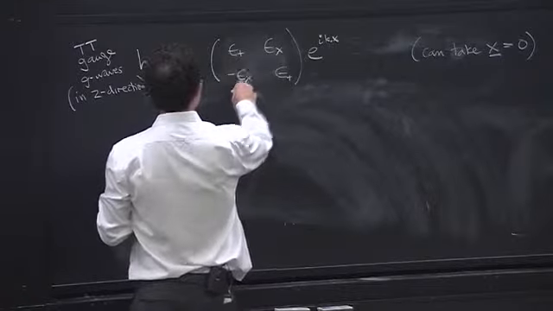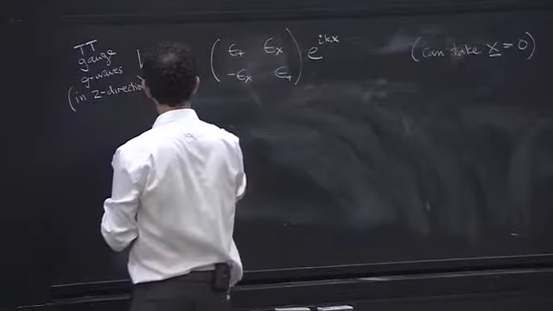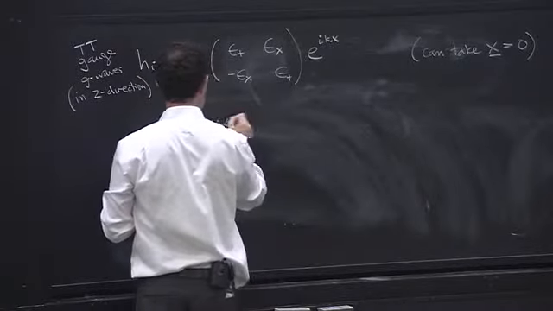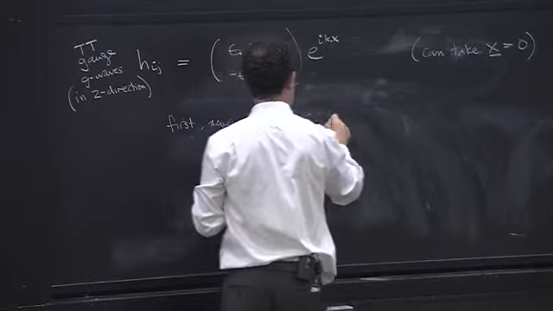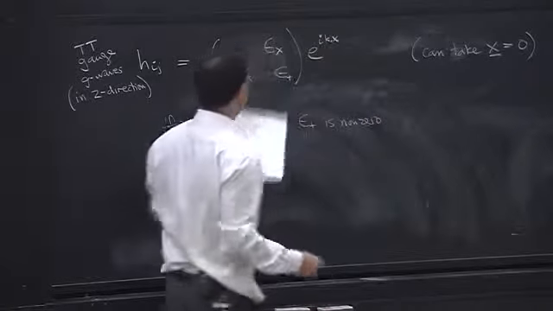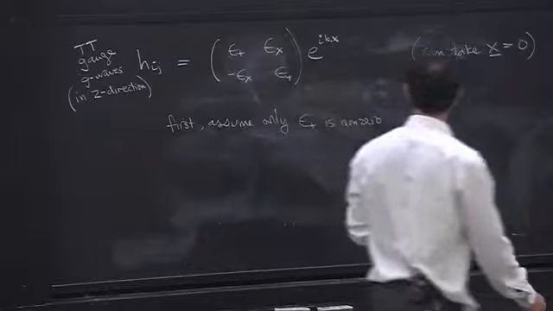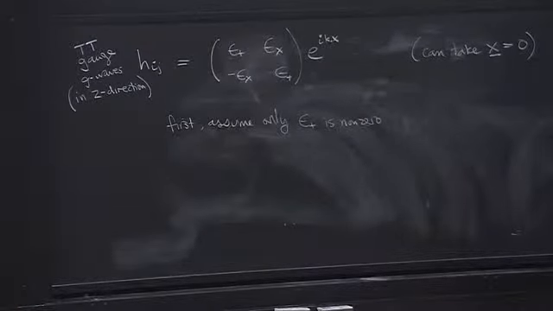And so let's see what happens when I plug this into that equation. So first, assume only epsilon plus is non-zero. Okay, so that's one of the two linear polarizations of the gravitational wave. And then this equation, let's call that star.